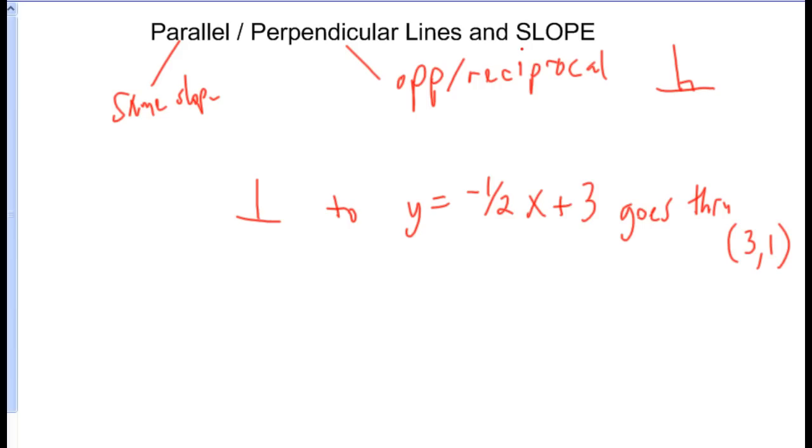So if we have this question, really what we want to identify is from this equation we've got to find the original slope. It's negative 1/2. Let's go back and look at this. The original slope is negative 1/2.